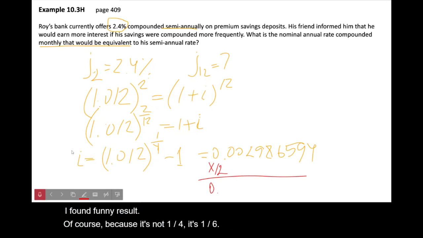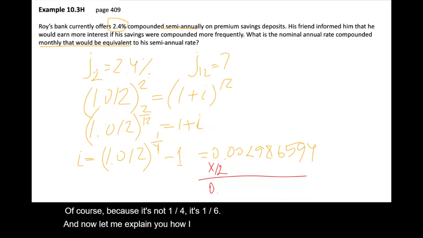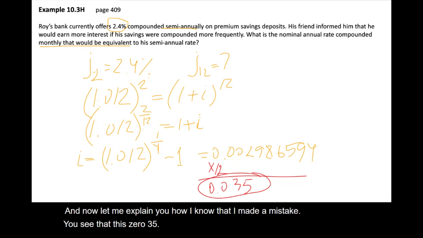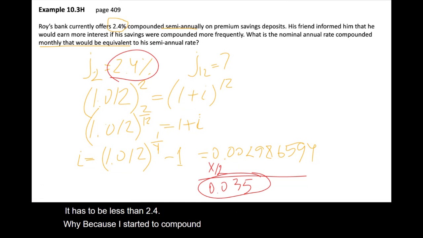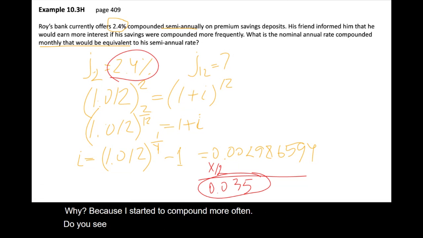Now let me explain how I know that I made a mistake. You see that this 0.35 has to be less than 2.4. Why? Because I started to compound more often. Do you see my logic, people?